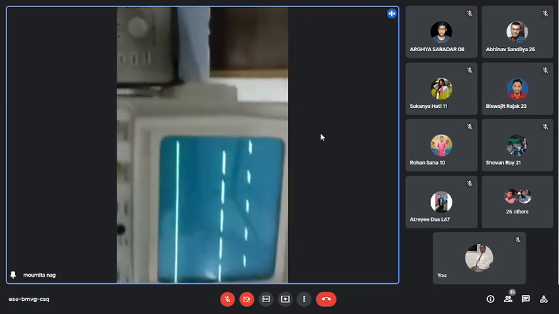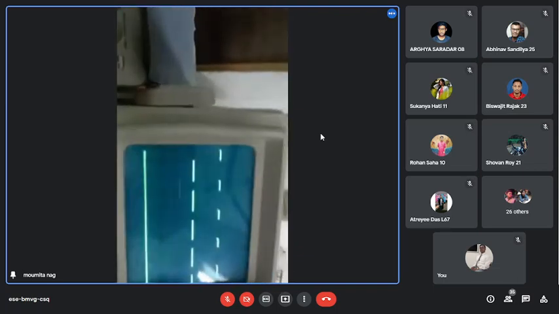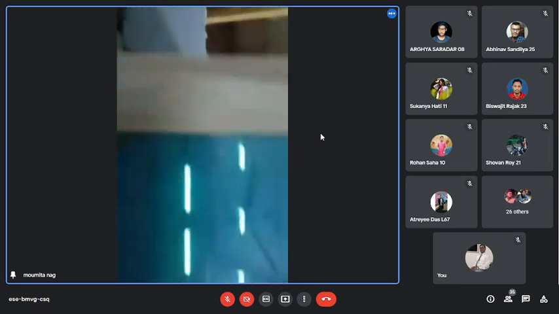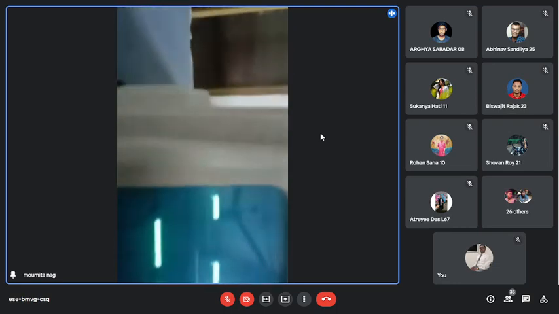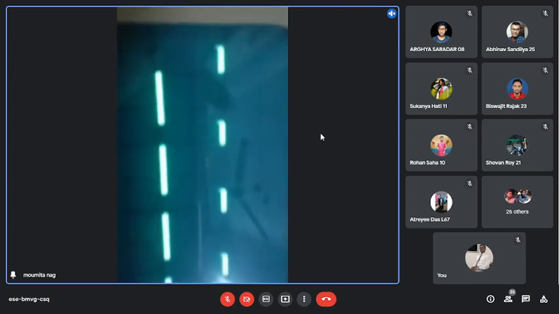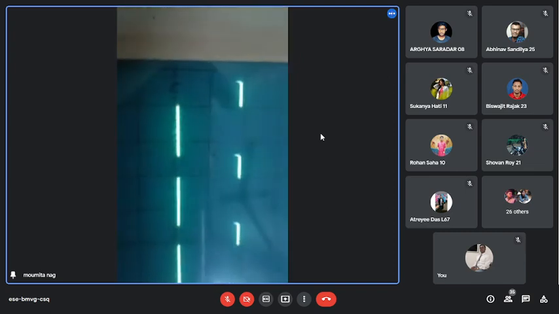When I give the pulse signal at the trigger input of the first timer, this type of signal is generated at the output. This is your carrier signal.